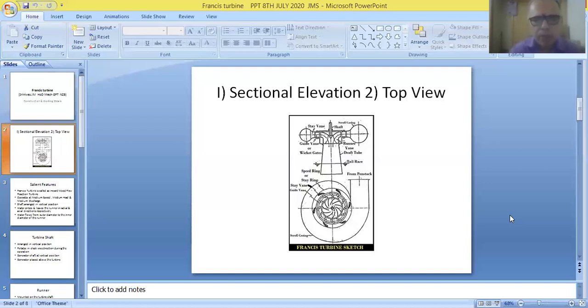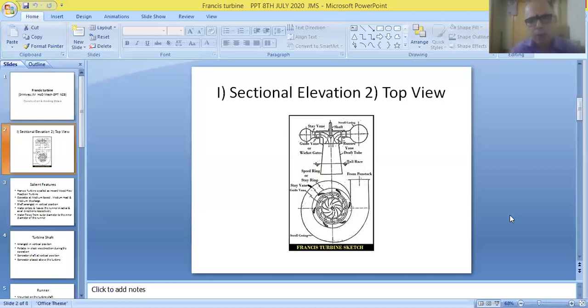As the name itself implies, these guide blades are used for directing the water, or guiding the liquid onto the blades of the runner in the required direction. That's why they are called guide blades. Additionally, these blades are also used for controlling the quantity of water that is entering the runner.